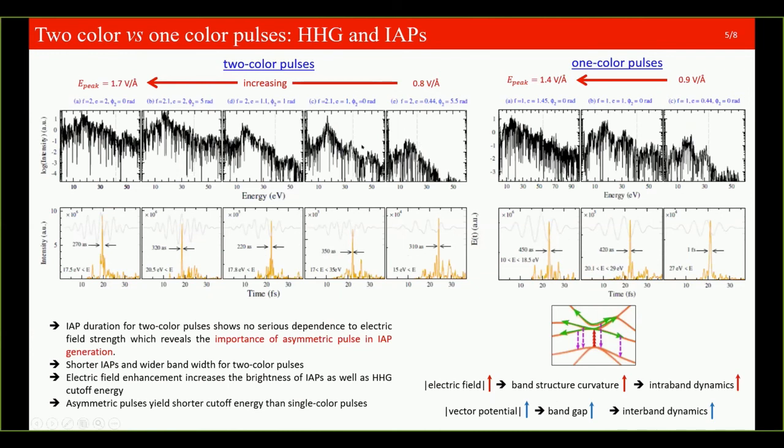Here I show the HHG spectra of the two color pulses, which I showed you in the previous slide. As you see, the electric field increases from right to left. As a result of that, you can see the cutoff energy increases. The cutoff energy is shown by the gray dashed line here.